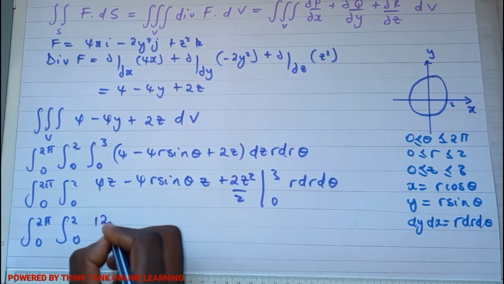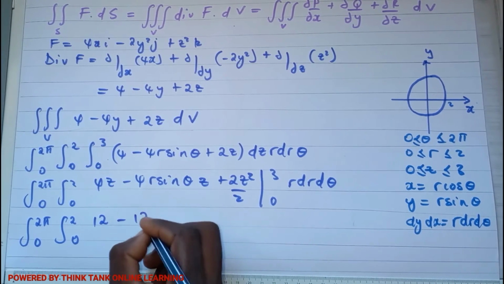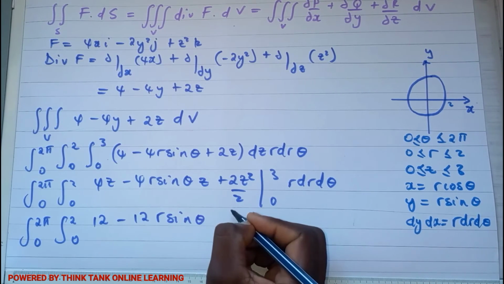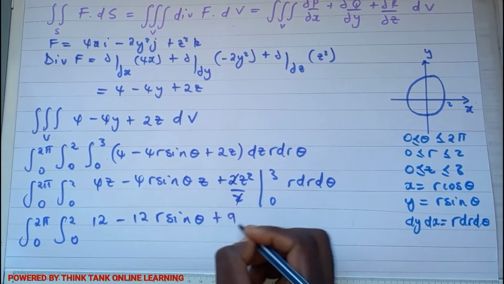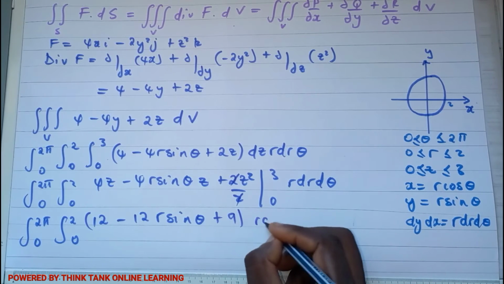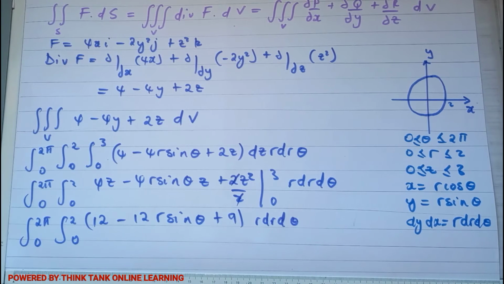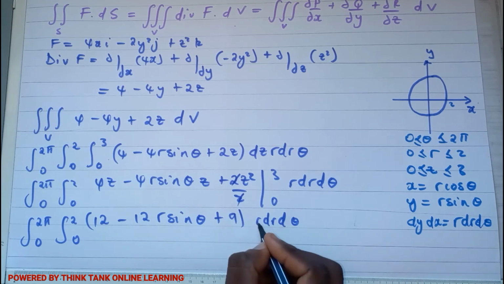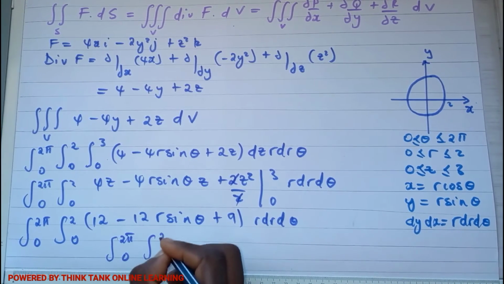So I get 12 (4 times 3), minus 12r sin theta, and 2 into 2 cancels to give 1, plus 3 squared, which is 9, with r dr dθ. Don't forget this r. Before integrating this, I think you can just expand, since we have r here.